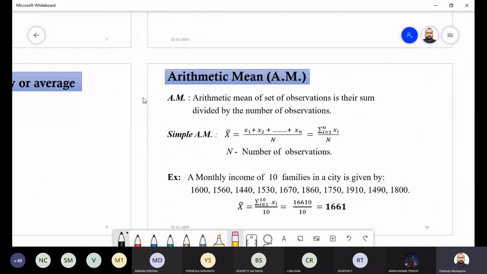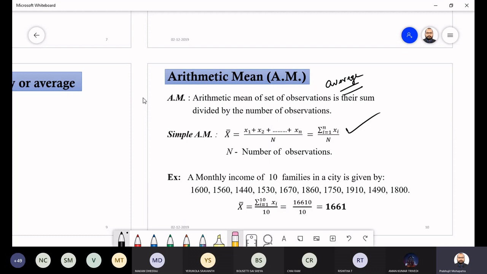The arithmetic mean or the normal mean is nothing but the sum of all the numbers divided by the total number of observations, or total number of data. So here you are having x1, x2 up to xn data. You just take the sum divided by total number of observations. You know how to find the mean; this is nothing but the average.